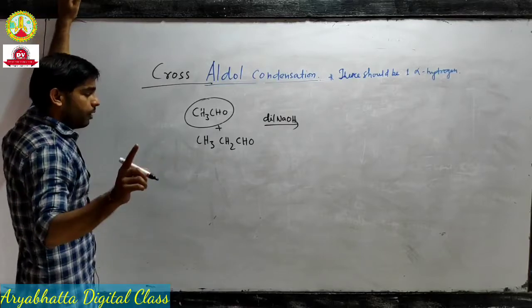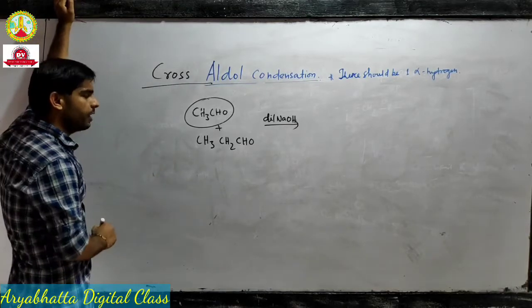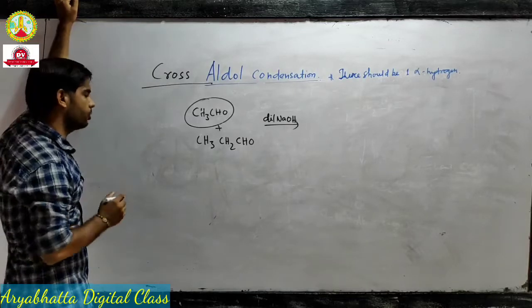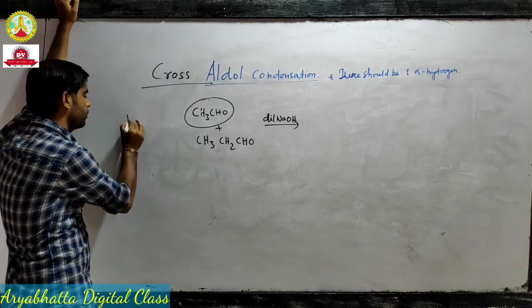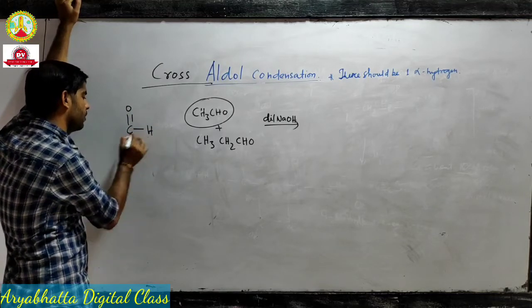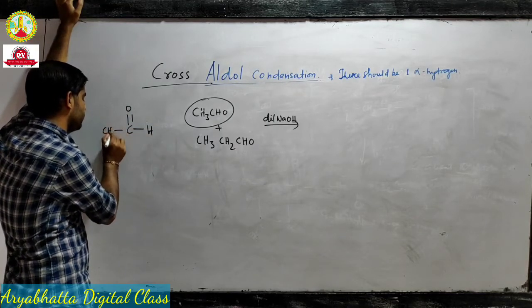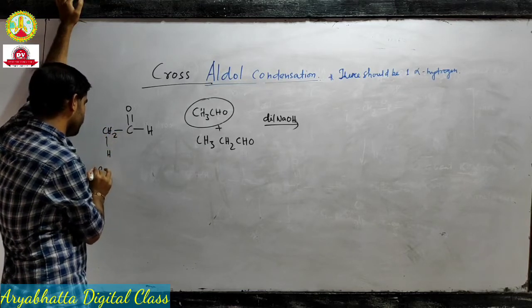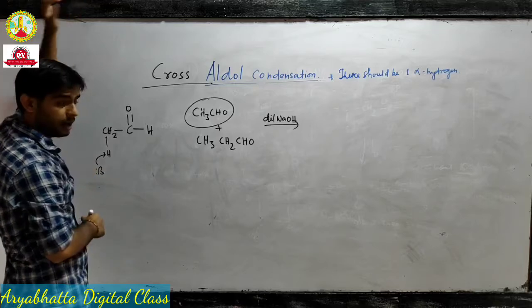See, in the first step what we have seen is that base removes one hydrogen from the alpha carbon. So what happens? Base removes this alpha hydrogen.